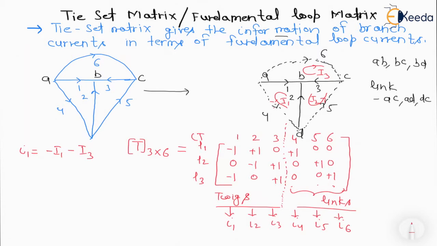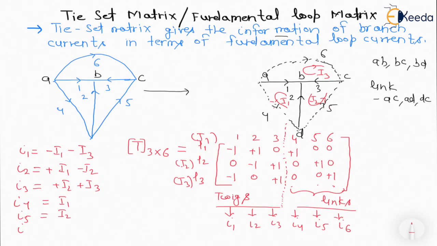Let us assume L1 in terms of I1, L2 in terms of I2, L3 in terms of I3. So I1 is equal to minus I1 minus I3, I2 will be equal to plus I1 minus I2, I3 will be equal to plus I2 plus I3, I4 will be equal to I1, I5 will be equal to I2, and I6 will be equal to I3.